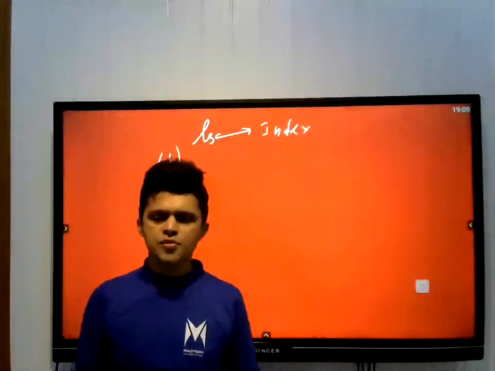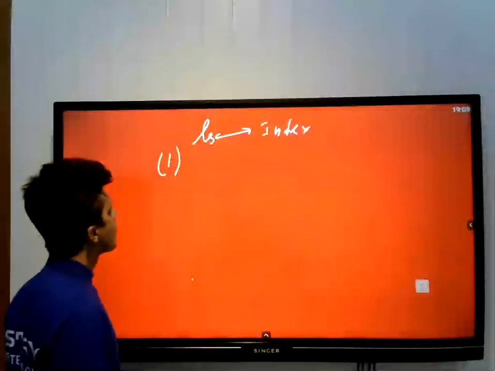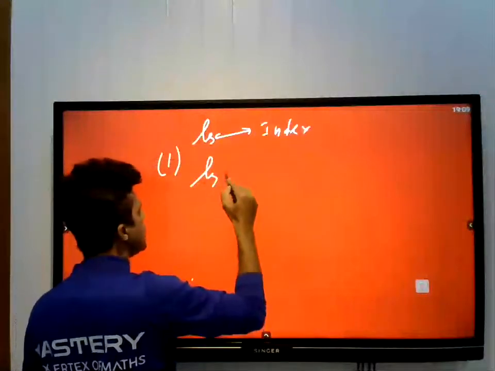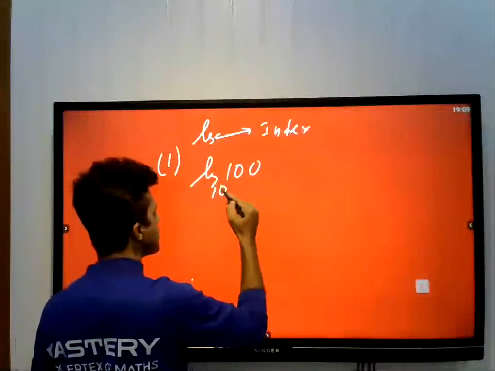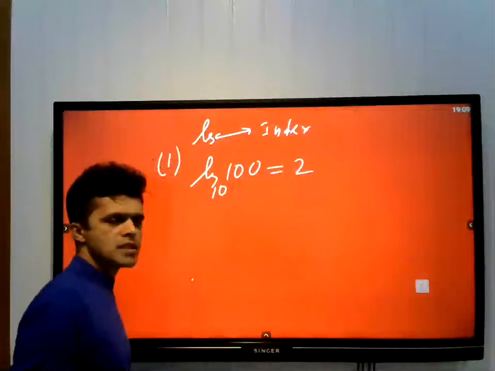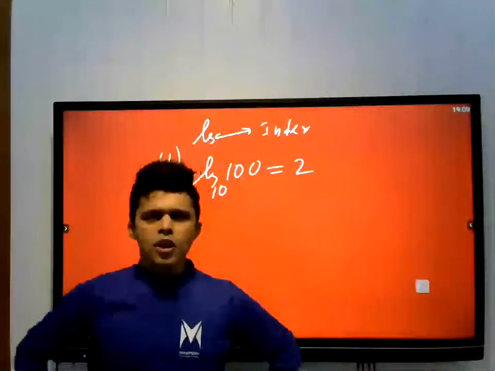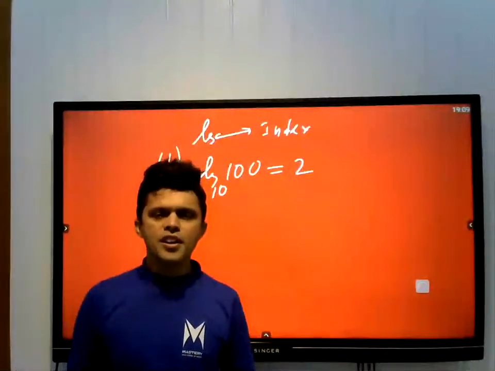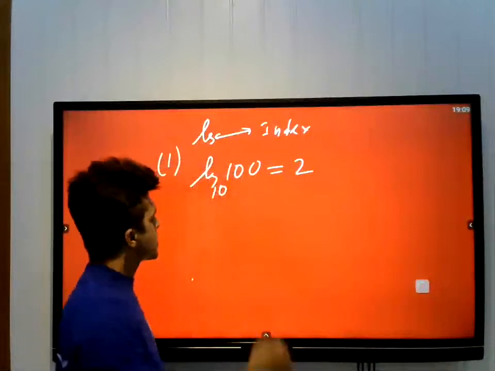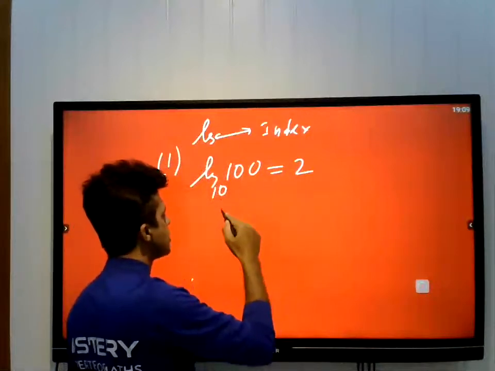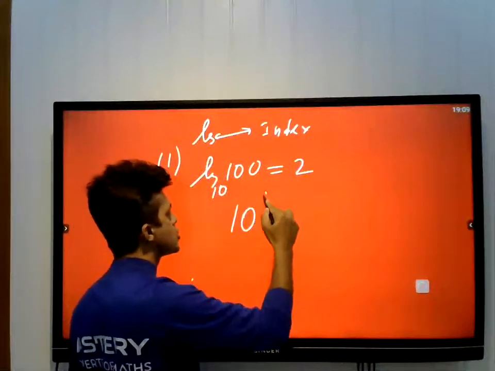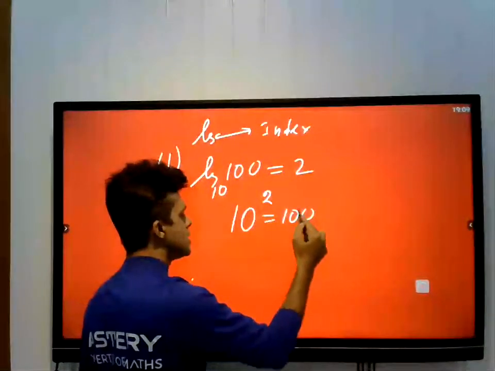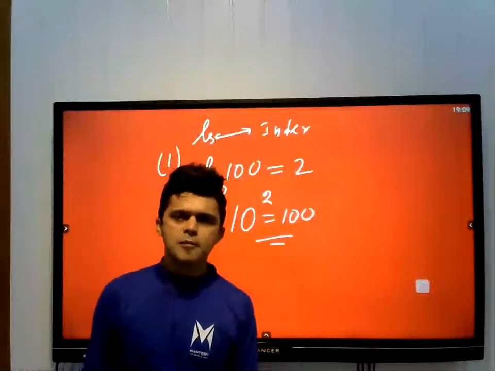Log 100 to base 10 equals 2. How can you write this in index form? This is a logarithmic form. In index form, this is the base, so 10 to the power 2 equals 100.